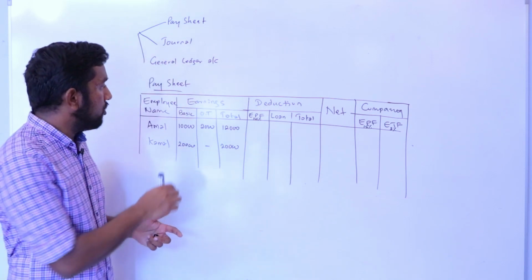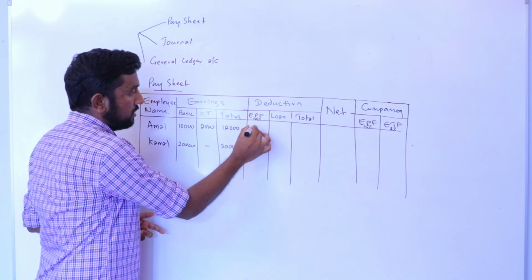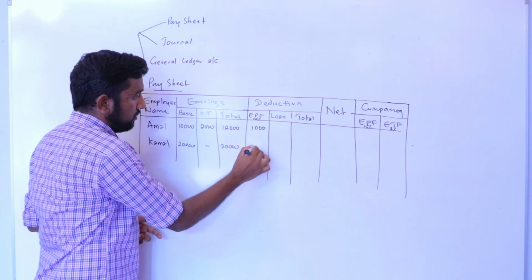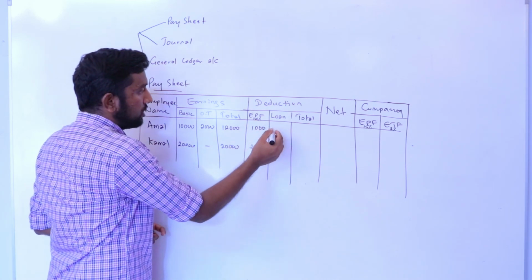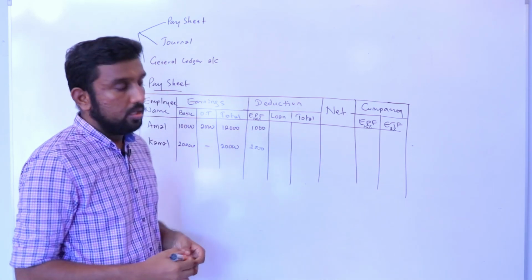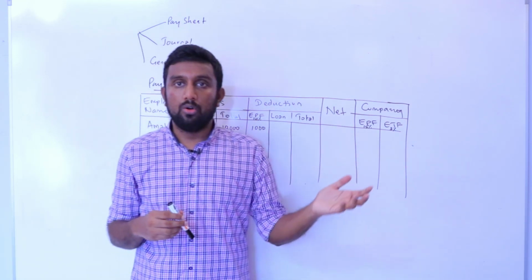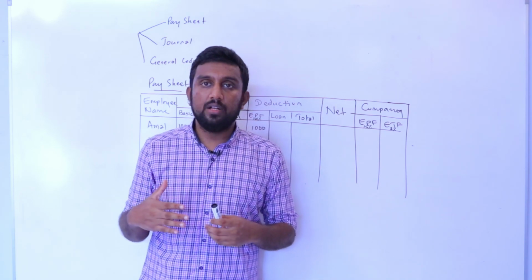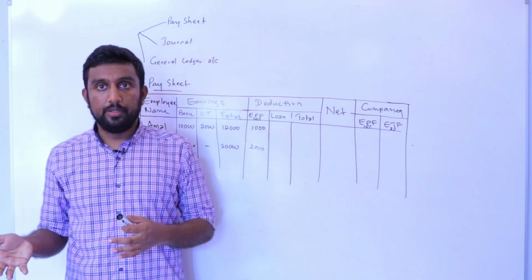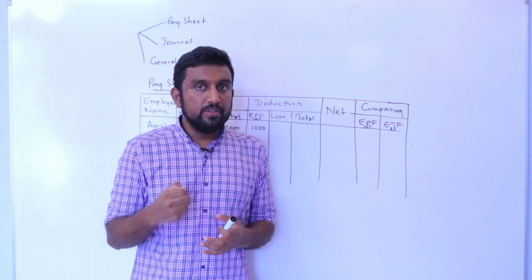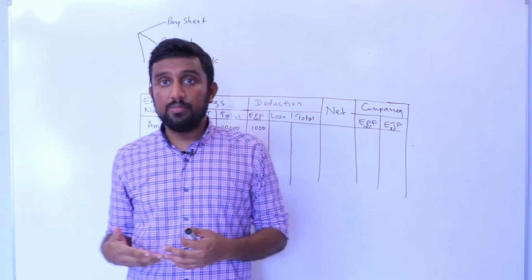So 10% on basic, which is 1,000, here 2,000, and loan deduction means what? The loan repayment means the business has already given a loan a long time back, and every month they are deducting from the salary of the employee, right? So the loan given by the business is what for the business?